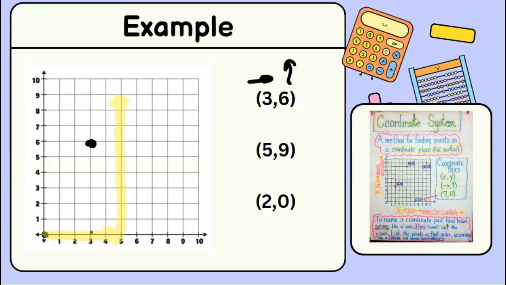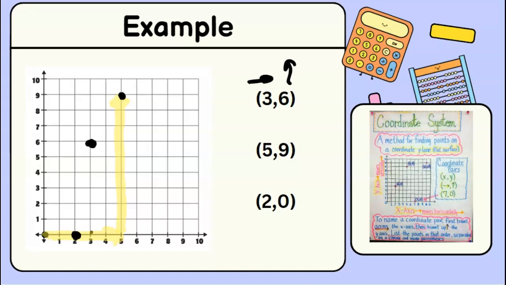That is where I plot my next point. And then finally, my last one, you can see that it is 2, 0. So it says that I go over 2, but I'm not going up any. So my third ordered pair is actually going to stay on my x-axis because it's telling me that I don't need to go up any spaces.